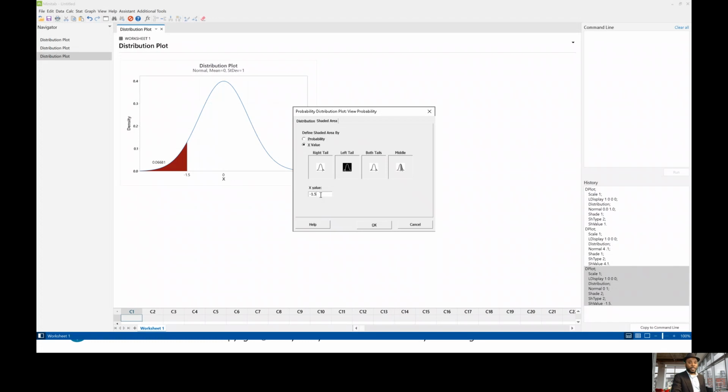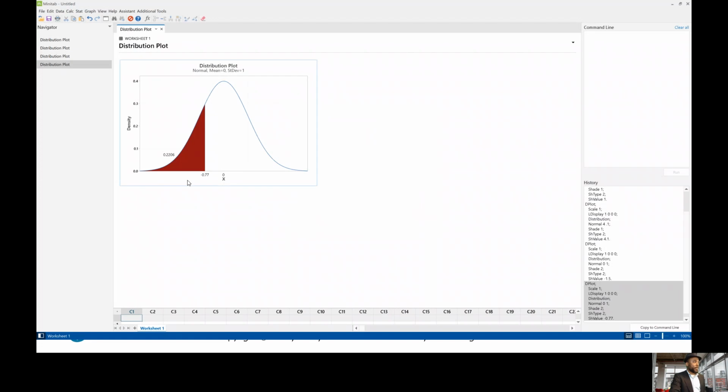And now the z value is negative 0.77. And you press OK. And there we have it. The shaded area is 0.2206. And that's exactly what we got from the standard normal distribution table.